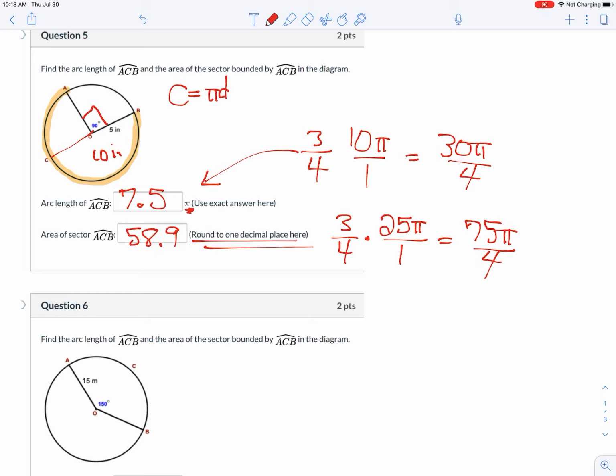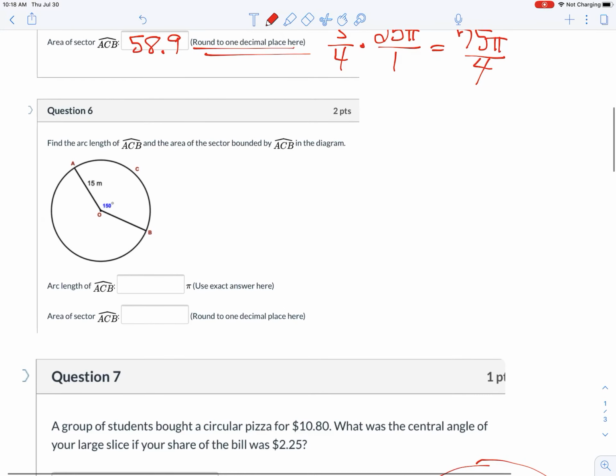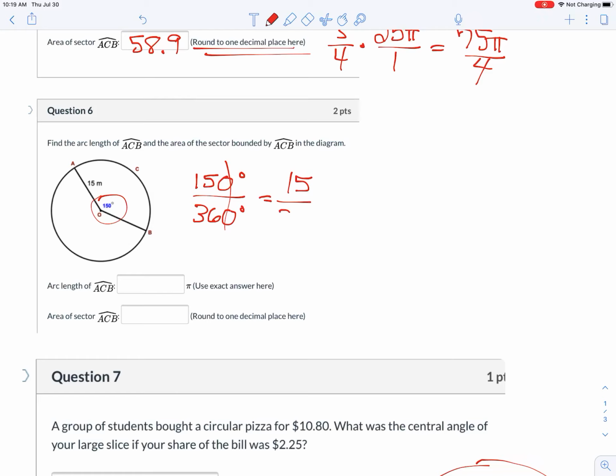Number 6 is quite similar because it also is the arc length of a circle, and then the area of a circle, but now it's 150 degrees. Let's analyze that. 150 degrees out of 360 total is like 15/36, which, I can't divide by 5, but I can divide by 3, is 5/9.